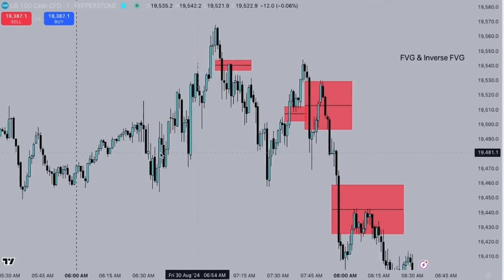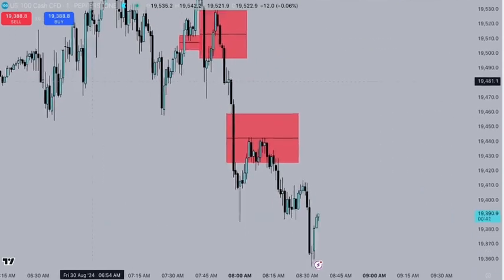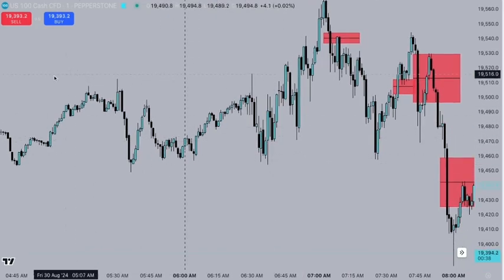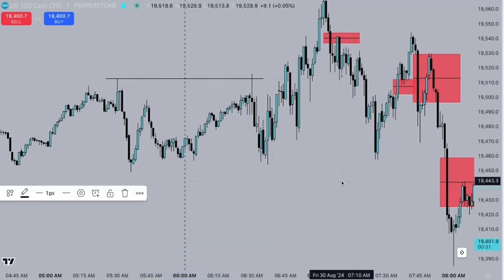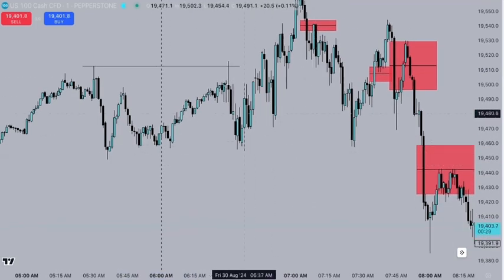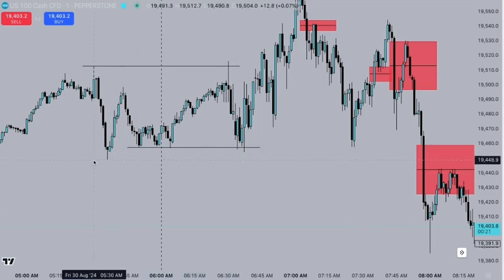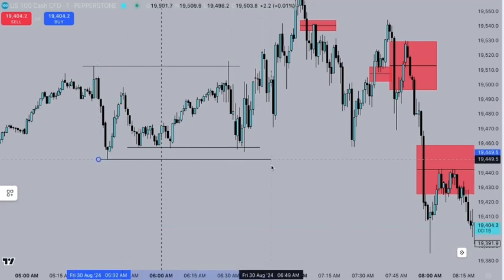So basically, as you can see, market opened right here for me. So we marked out this high right here, and this is the actual setup. So marked out this high right here, marked out these lows that got created in market open. We marked out this low as well. Okay.